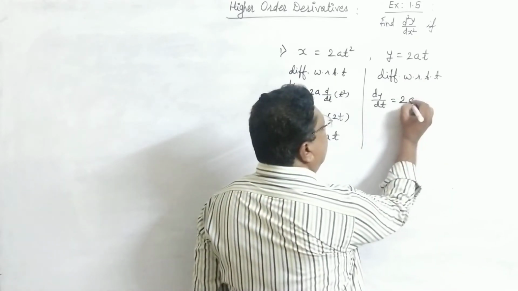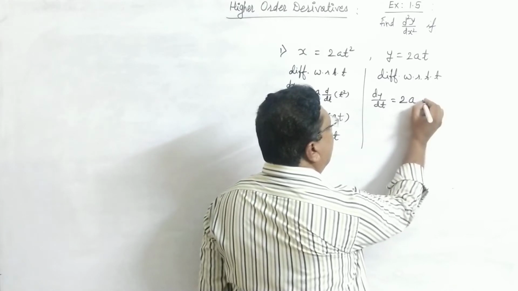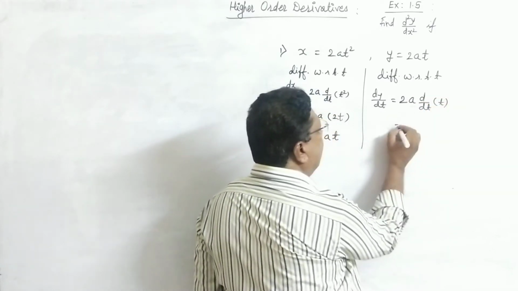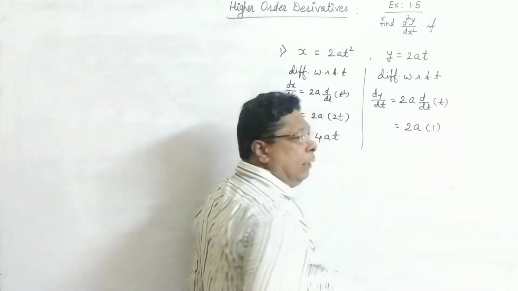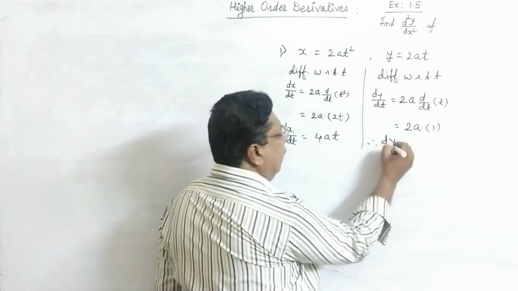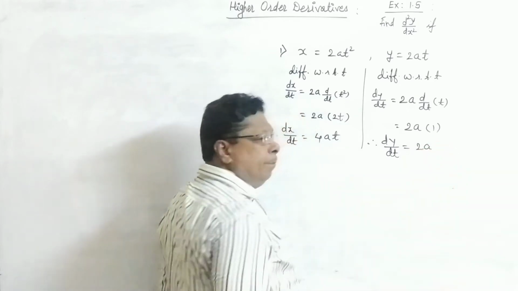So 2a outside into d by dt of t. Derivative of t with respect to t is 1. Therefore, dy by dt is equal to 2a.